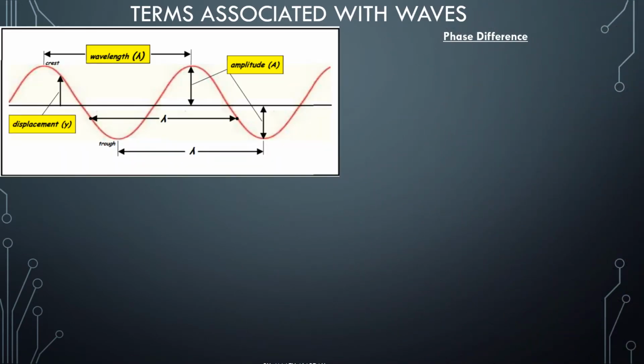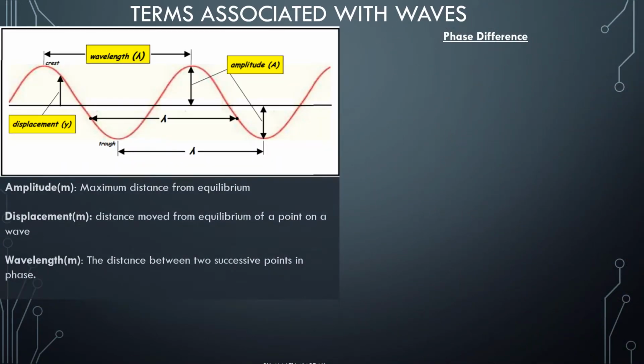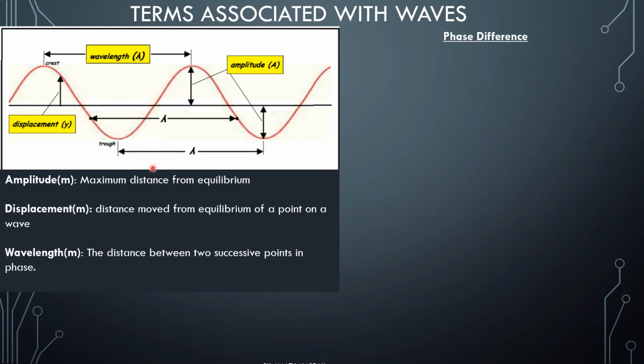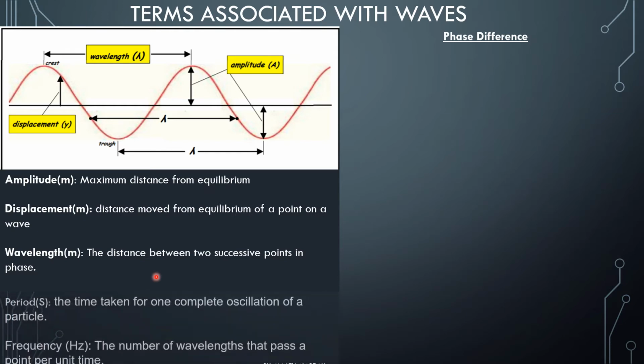So these are the terms associated with waves. Amplitude is the maximum distance from equilibrium. You have to write this definition in the exam to get the mark. Displacement is the distance moved from equilibrium of a point on a wave. Wavelength is the distance between two successive points in phase.